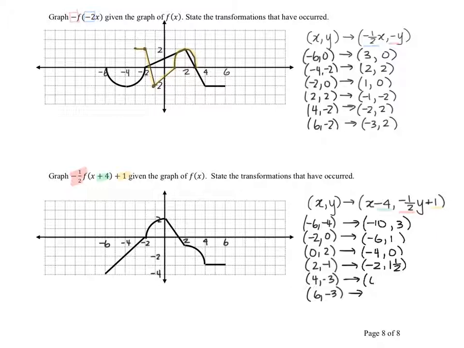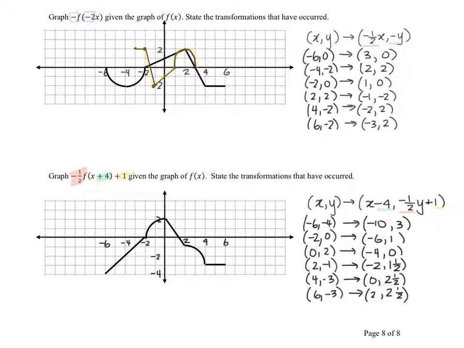We're going to have 4 minus 4, which is 0, and then positive 3 over 2 plus 1 is 5 over 2, or 2.5. Then we have 6 minus 4, 2, and then positive 3 over 2 plus 1, again 2.5. Okay, so these are our final transformed graph points.